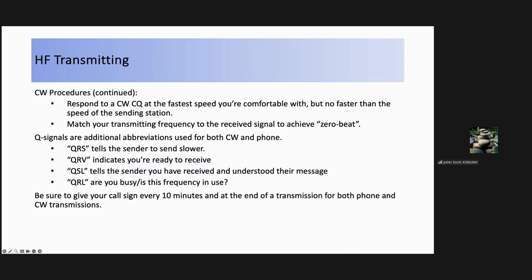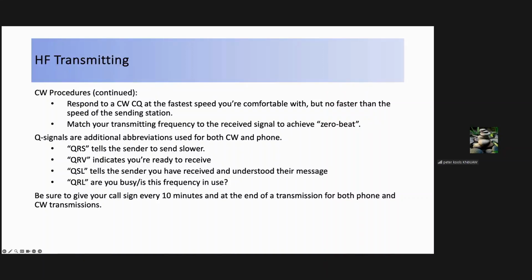When you are doing CW with someone and you respond to a CQ, you respond at the fastest speed that you're capable of sending, but you want to respond no faster than the speed of the sending station. You want to be sensitive to what speed they're sending at so that you don't exceed their speed, because they may not be capable of transcribing your transmission any faster than what they're sending at.